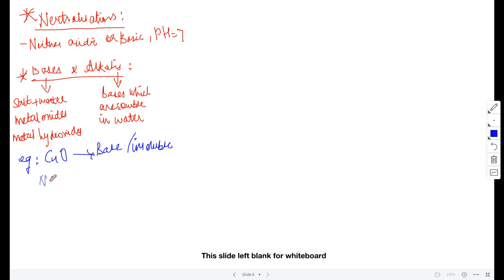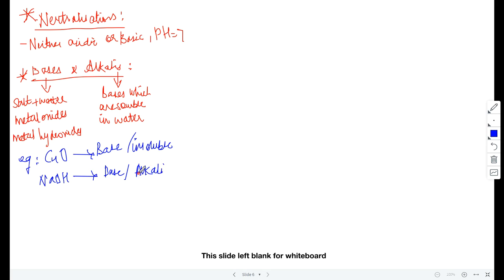Okay, then sodium hydroxide. It is a base. And why not an alkali? Because it's insoluble in water. No, sodium hydroxide is soluble in water. Oh, so would it be both?